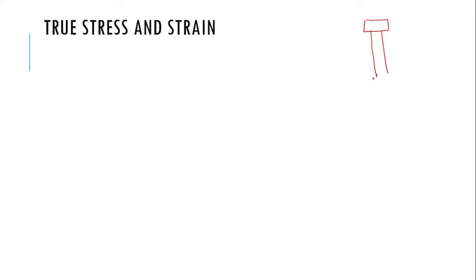It has an initial gauge length of L0 and initial cross sectional area of A naught, right?